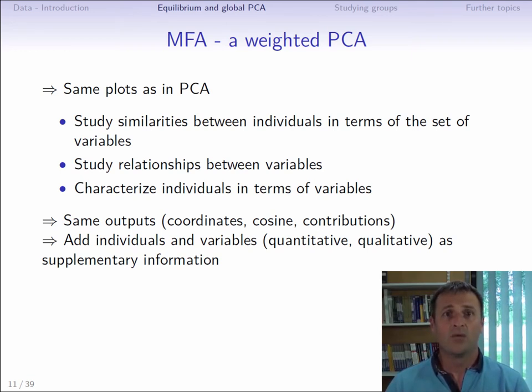And of course, these two plots can be studied simultaneously in order to understand the similarities and differences between individuals due to the variables. In addition to the plots, indices for quality of representation and contribution are also the same as in PCA. Also, as with any PCA, it's possible to add supplementary elements. For instance, supplementary individuals or additional variables, be they quantitative and/or qualitative.